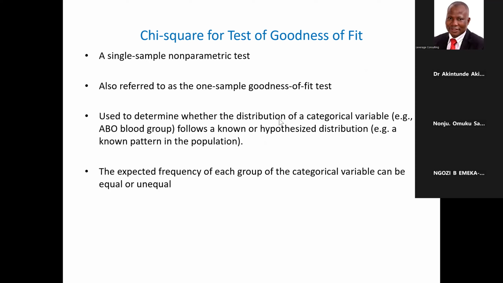Now, let's look at the chi-square test for goodness of fit. It is a single sample non-parametric test. We already know that chi-square is a non-parametric test. Just know that any chi-square is non-parametric.